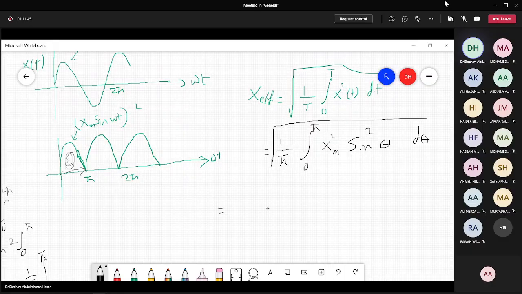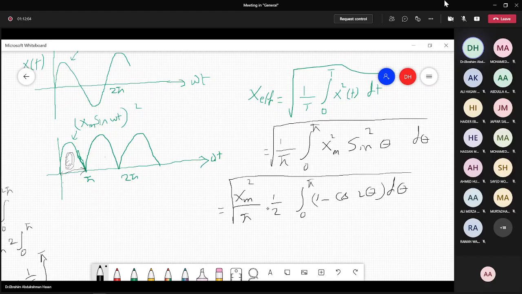And this is equal to xm squared divided by pi. Sine squared is equal to half of 1 minus cosine 2 theta, d theta, under root. So it's equal to xm squared divided by 2 pi.